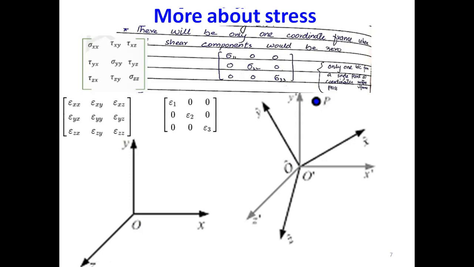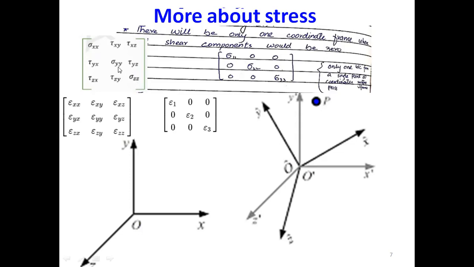But there is one specific frame. Among all these infinite number of coordinate frames, there would be one specific frame where all these shear components would become zero, and we would have only values along the diagonal.